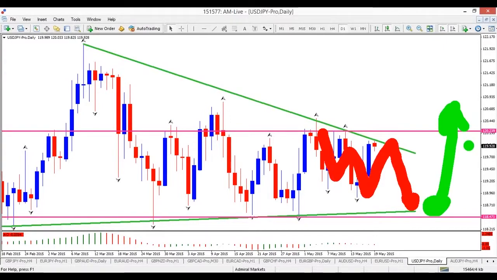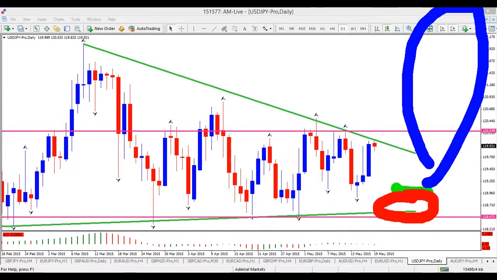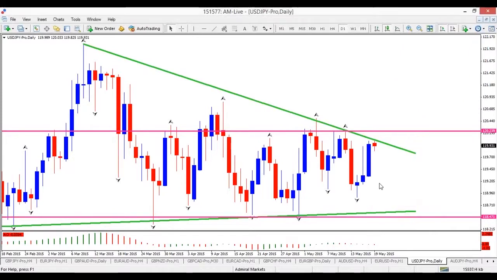And E parts of triangles are very lucrative because if you manage to catch close to the turning spot, you get a relatively tight stop loss plus a lot of potential. So wave E's of triangles are very interesting because of that R2R potential. In this case, a long at 119.25 with a stop loss at 118.40 is about 85 pips.